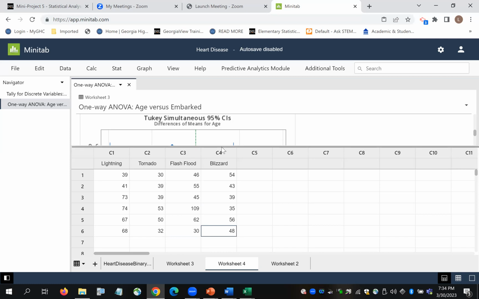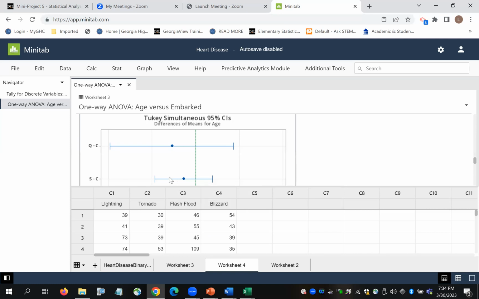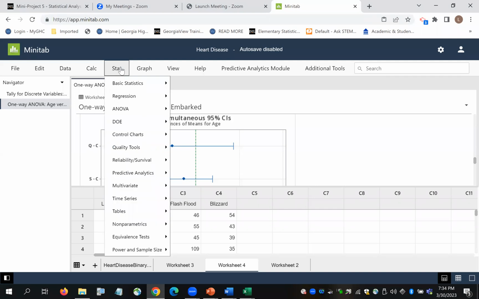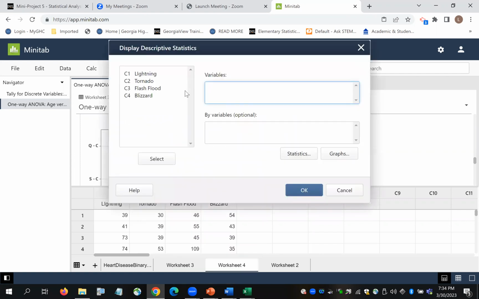And my first decision has to be, do I have normal distributions or not? Again, I want to look at it in terms of my descriptive statistics. So I'm going to go to Stat, Basic Statistics, Display Descriptive.